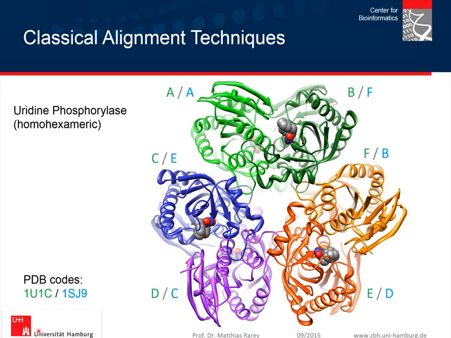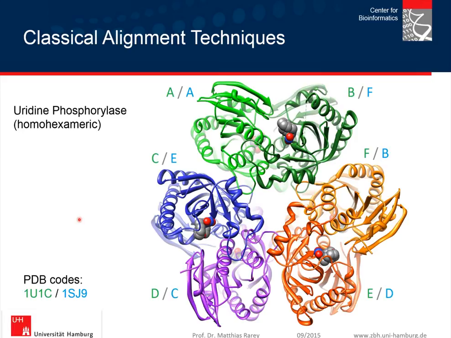In the green one, 1U, 1C, you have the interface between structures A and B, or sequences A and B. If you go to the blue structure, 1SJ9, A and B, which is the structure in orange over here, does not share an interface at all. So looking at the annotations from the PDB works in many cases, but not in every case.